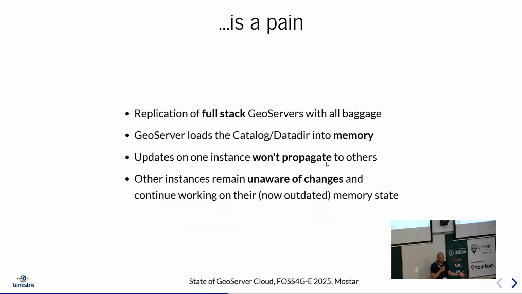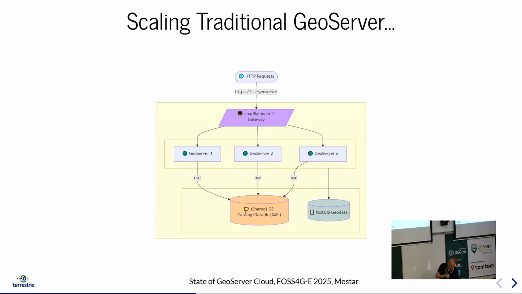We would still replicate the full stack of GeoServer with all the baggage. And what you should know, if you have a look at this picture, is the block at the bottom in the middle, the now shared catalog, which, as I said, is just a directory with a lot of XML files.